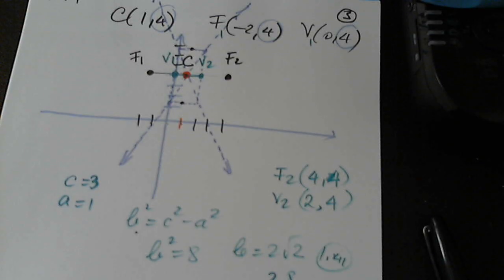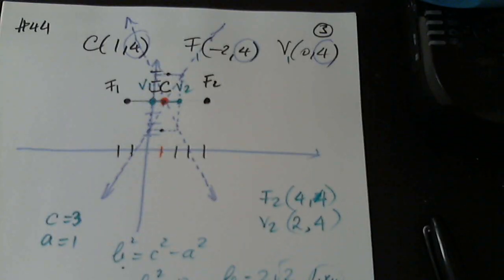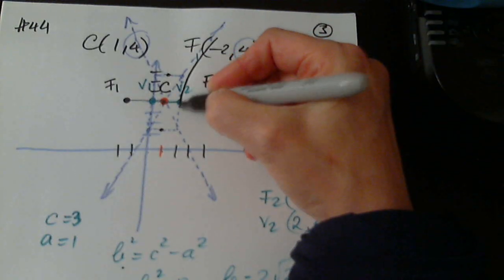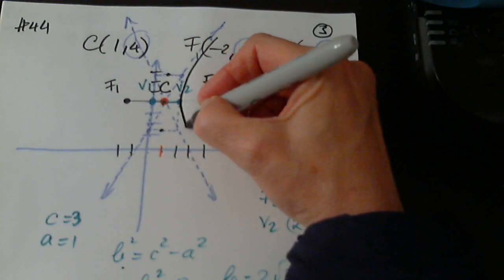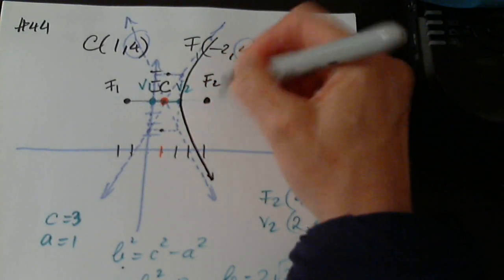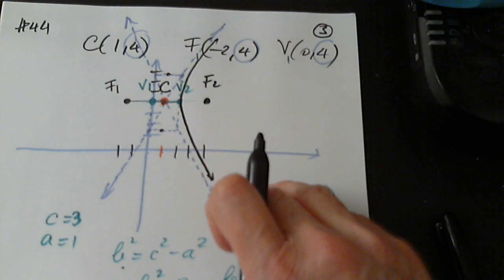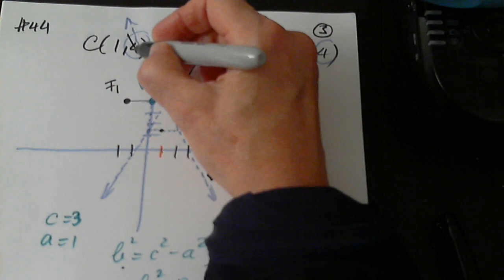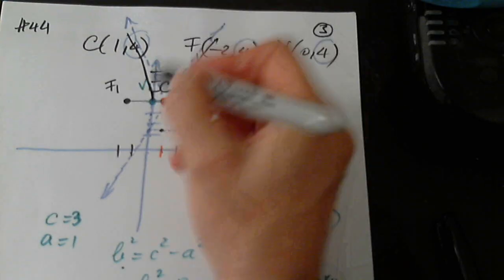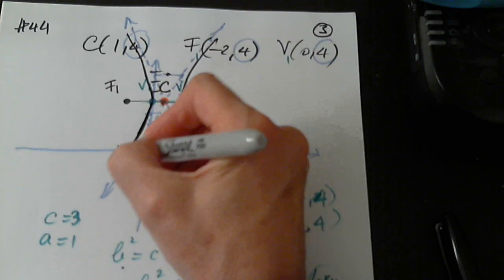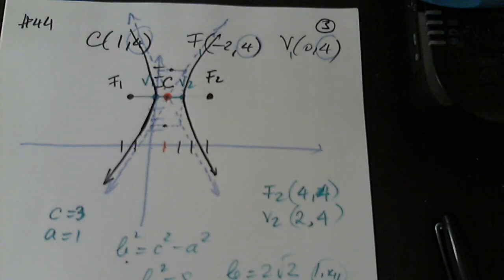Finally, I'm ready to graph the hyperbola. Through the vertex, asymptotically, vertex, asymptotically. This is the hyperbola.